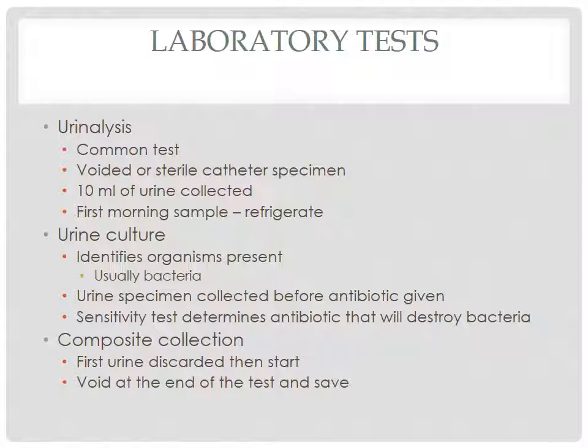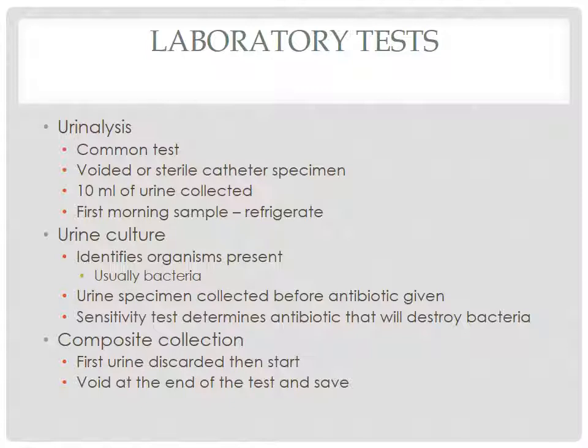A composite collection, an example of that would be a 24-hour collection. As for the procedure, if we're starting the test tonight at 10 p.m., the person is instructed to void at 10 o'clock, and that urine is thrown away.